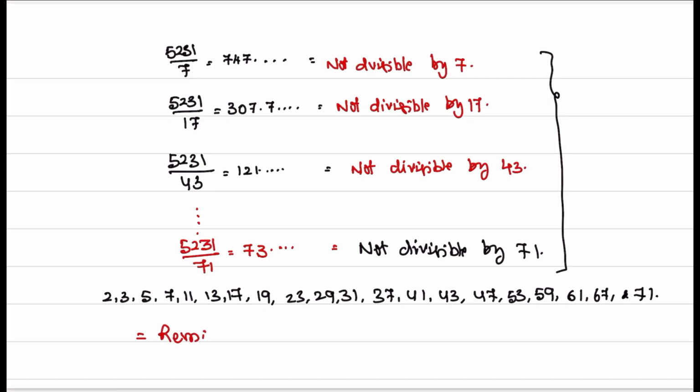Remainder present. Remainder is available after division. Not divisible by any of these. Hence our conclusion is 5231 is a prime number.